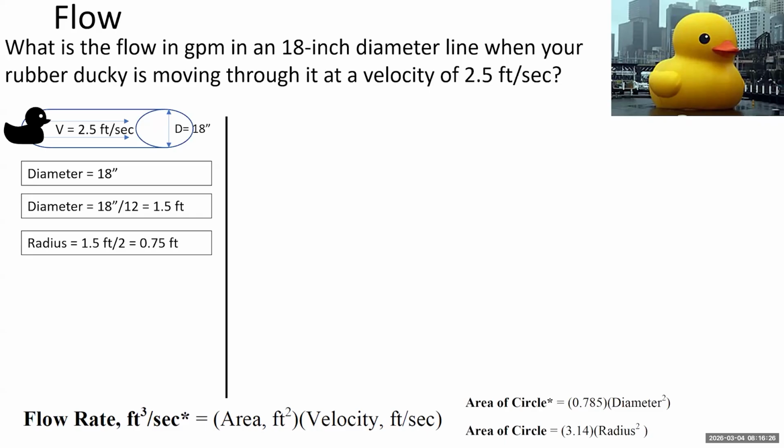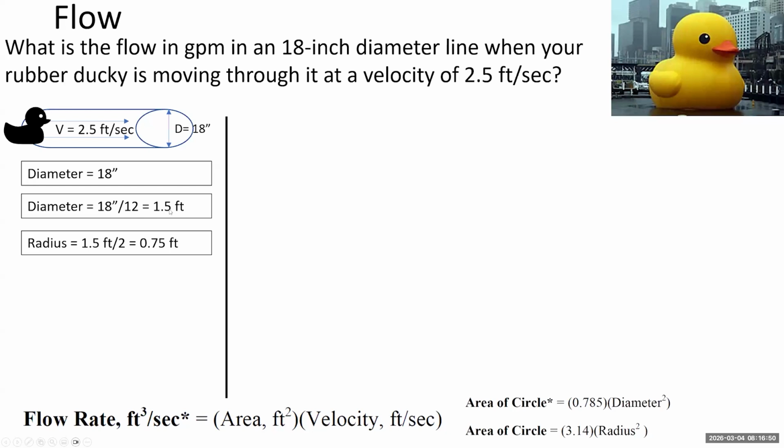So what do we know, and what are we trying to get? Well, we know that we've got velocity of 2.5 feet per second. As you can see on this picture, that duck's moving at 2.5 feet per second through an 18-inch diameter pipe. So we also know that diameter is 18 inches, so we can convert that to feet. So we divide by 12 to go from inches to feet.